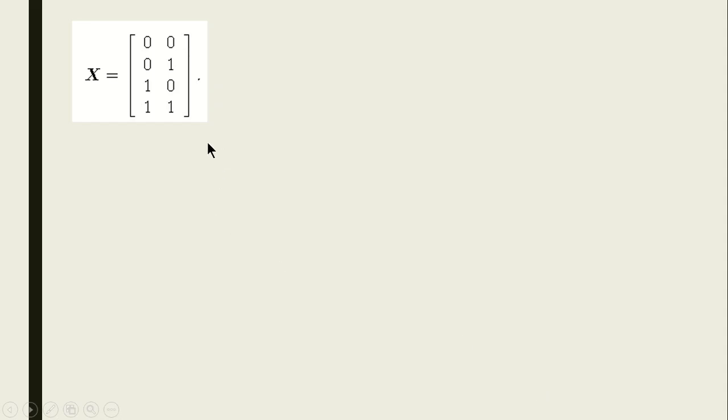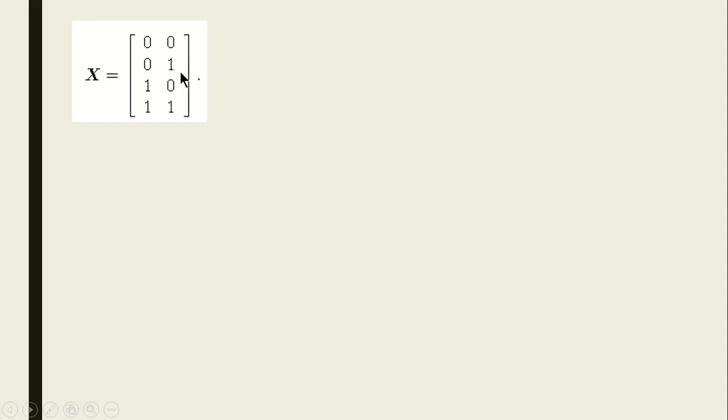So how we solve this: the different input vectors to the network are 0 0 as one input, 0 1 as another, 1 0 as another, and 1 1 as another. So these are the 4 possible inputs to the XOR function with the 2 variables. So x is taken as this matrix 0 0, 0 1, 1 0 and 1 1.